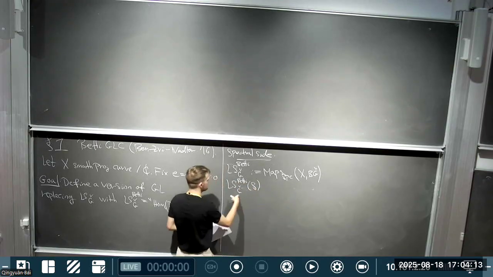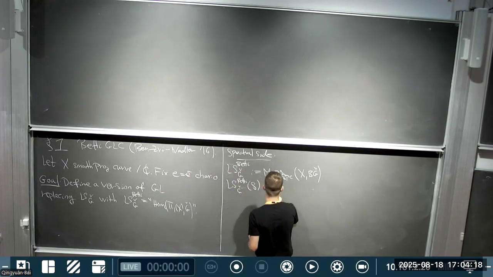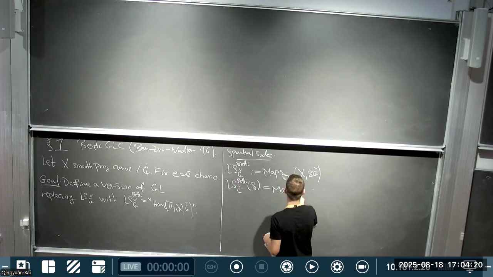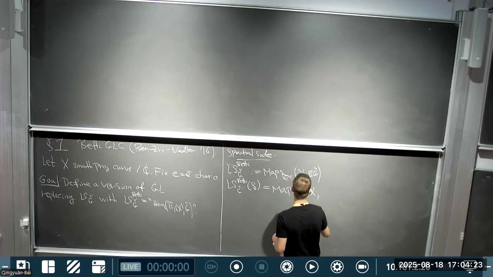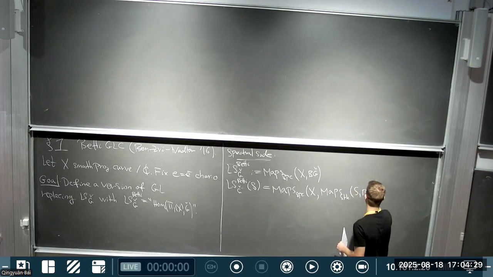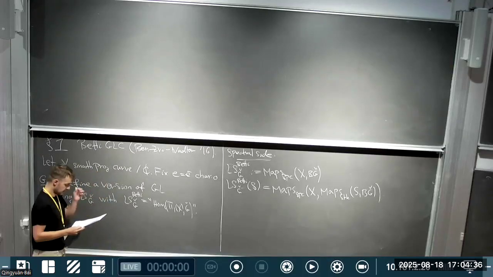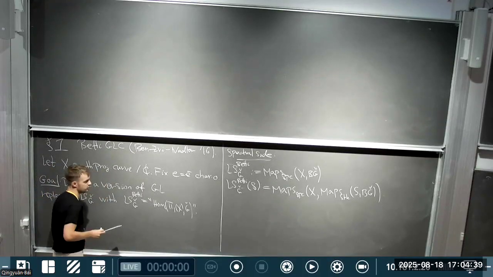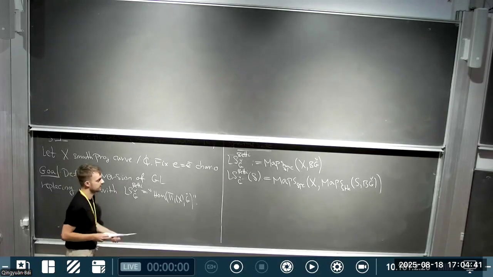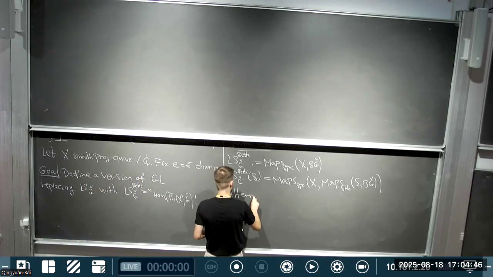A map from S to this algebraic stack is the same as a map of spaces from X to Map(S, BG-check). This is the groupoid of G-check bundles on S. It's a little much.